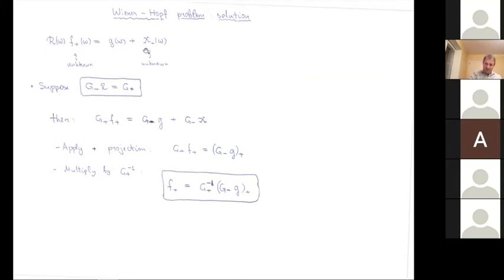Then we can multiply both sides of this equation by G minus, and we get this equation. You see that this part is upper half plane analytic because it's a product of two half plane analytic functions, and this part is lower half plane analytic. If you take a plus projection of this equation, this term goes away and we can express f entirely in terms of the known source function, factors of the kernel, and the projection operator. So this is the solution of the Wiener-Hopf problem.